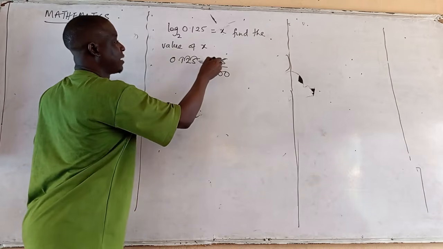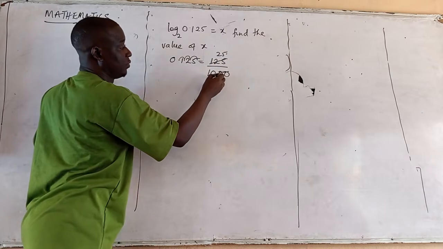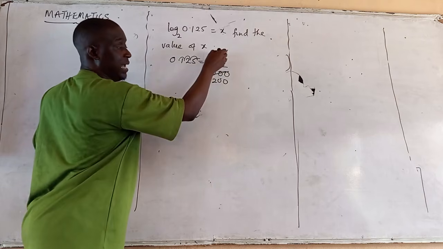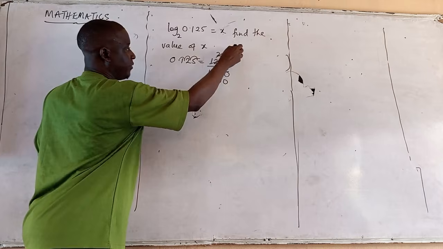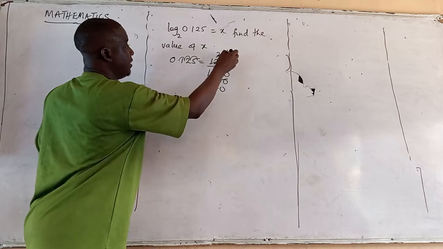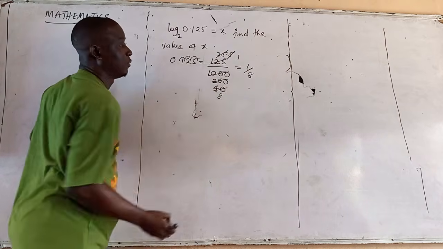How many times can 5 go here? You are 25, abi. 5 here, 5 here, 5 here. So it's the same as what?